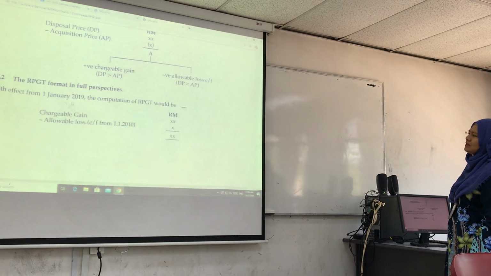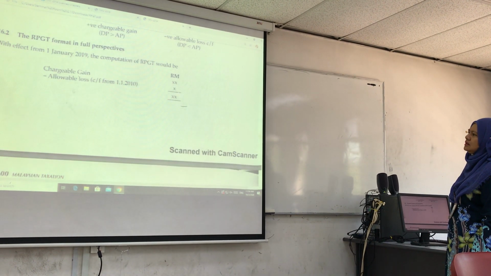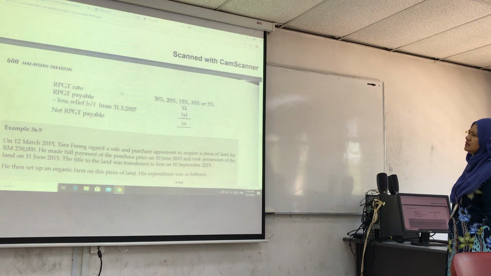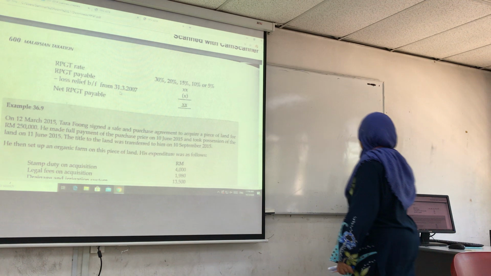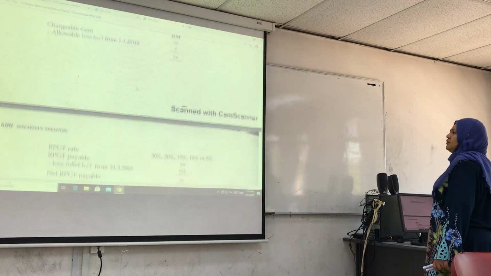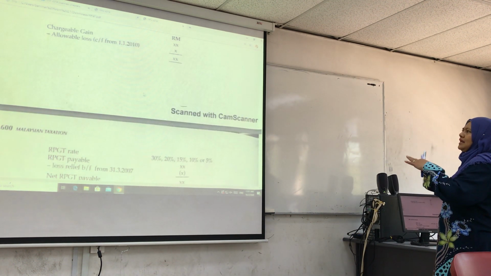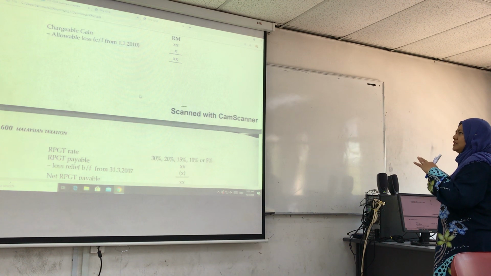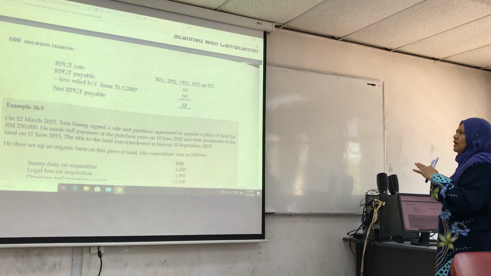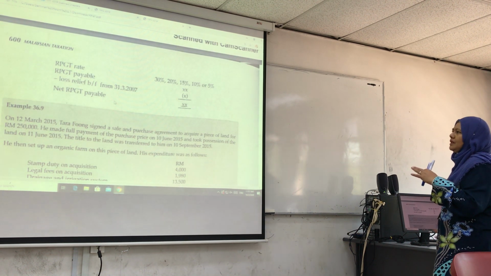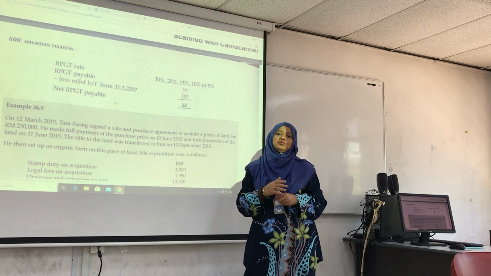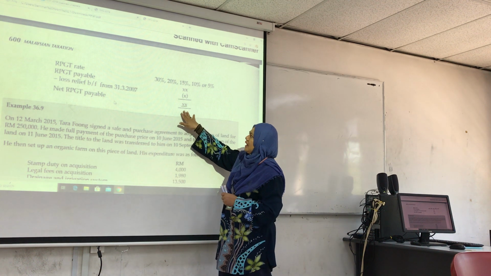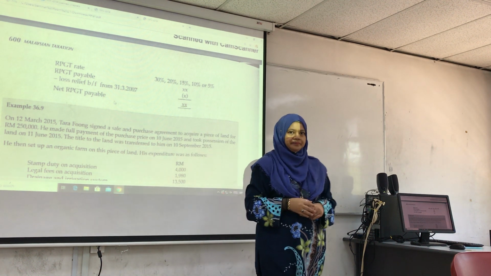So from 2010, allowable loss, I think you just refer to my example. It means that here, if you have allowable loss, chargeable gain minus allowable loss, which is carried forward from 1st January 2010. Then once you have your RPGT rate, RPGT payable minus loss relief, which is brought forward from prior to 2010. So you have the net RPGT payable.